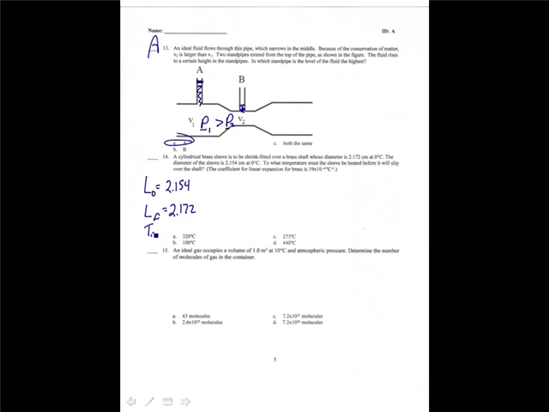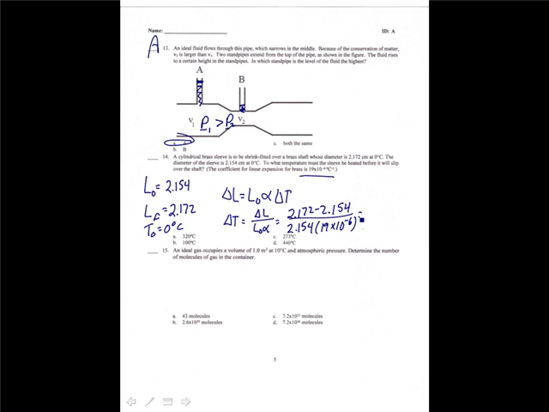The initial temperature is 0 degrees Celsius, and the coefficient of linear expansion is given here. Now we know that delta L is equal to L naught alpha delta T. We want to know what delta T is, so that's delta L over L naught times alpha. That's 2.172 minus 2.154 divided by 2.154 times 19 times 10 to the minus 6.